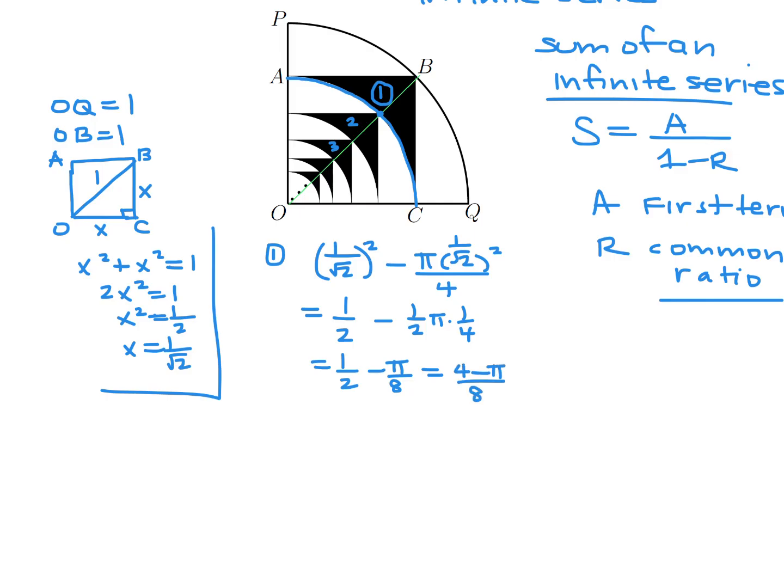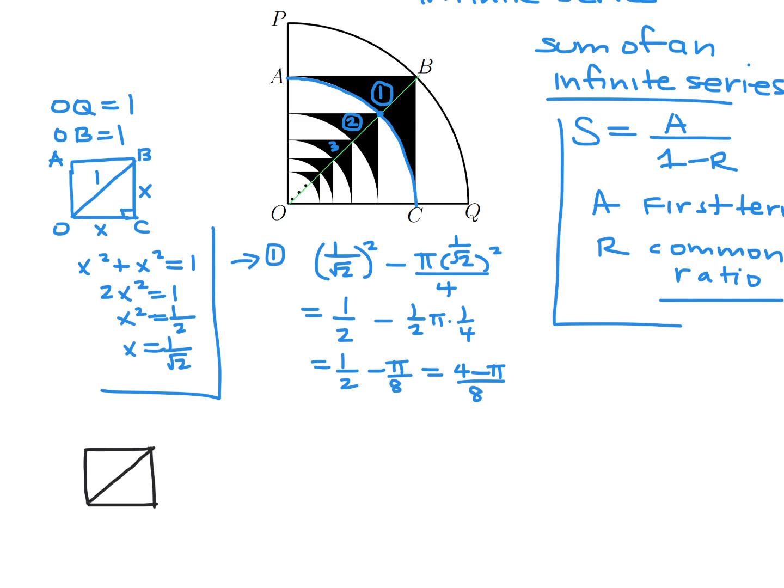Okay, now, so far I can't tell you if this is an infinite series because I'm going to need at least a couple more. No problem, let's turn our attention to the next one. So that was region 1. Now we're turning our attention to region 2, this region. Very similar process. Again, draw a little square. And this time, same thing.